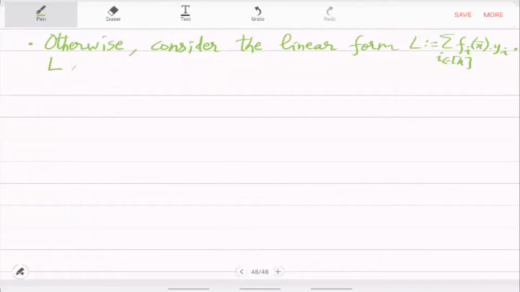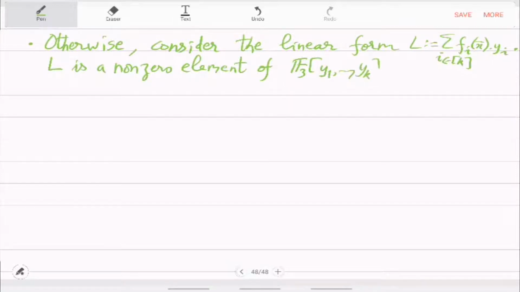This L is a non-zero element of F3 with the variables y1 to yk. Key thing is that it's a non-zero linear form mod 3.